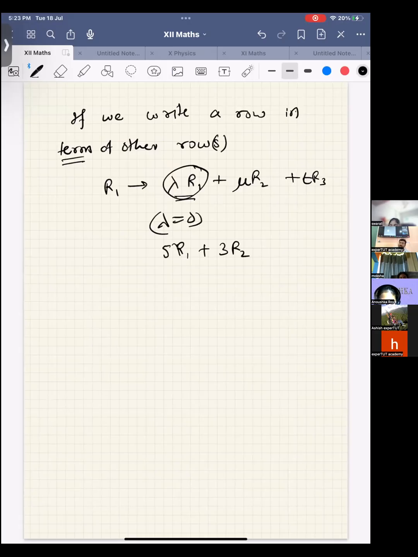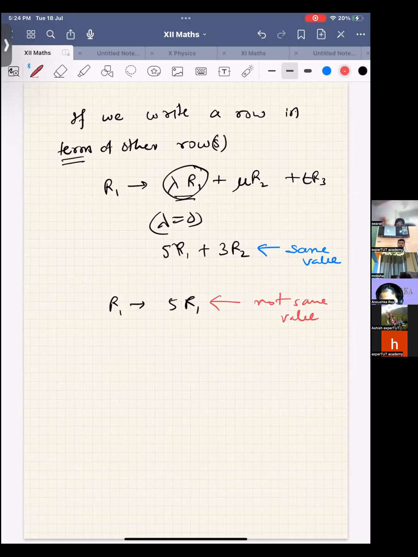But the moment you do R1 is 5 R1, no, this is not. So if it is a linear combination of 2 or more, then the value remains same. But if you're just multiplying, it is not the same value. Okay, fine.